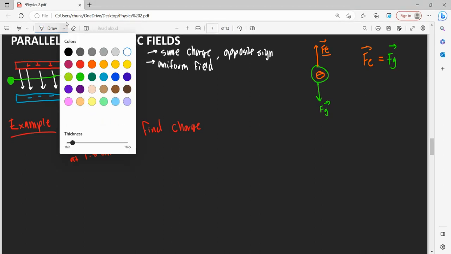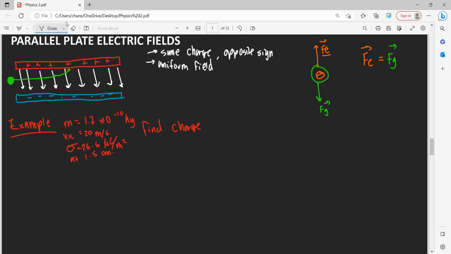So we are going to be introducing a new equation, which is electric field between plates, which is E equals negative charge density over epsilon 0.